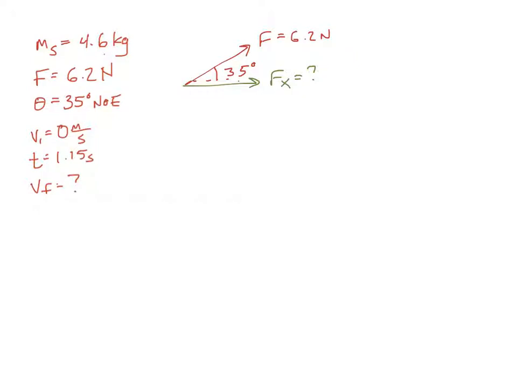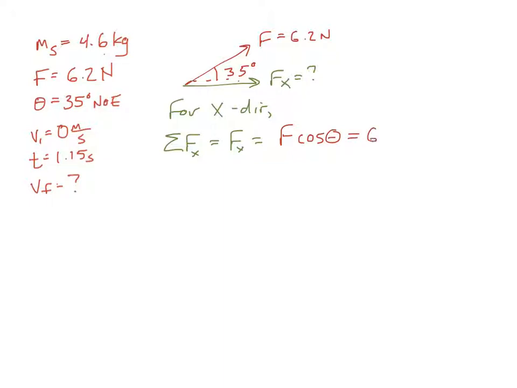We can say for the x direction, the net force in the x direction equals the force in the x direction. Which is what? Well, that's the full magnitude times the cosine of the angle.